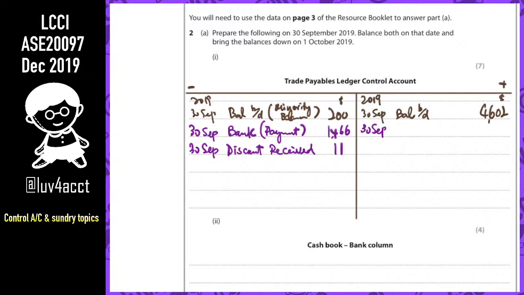And we have interest charged by supplier. I will write by supplier here because it is also possible that we charge our customers interest. So the opposite will be interest charged to customers.